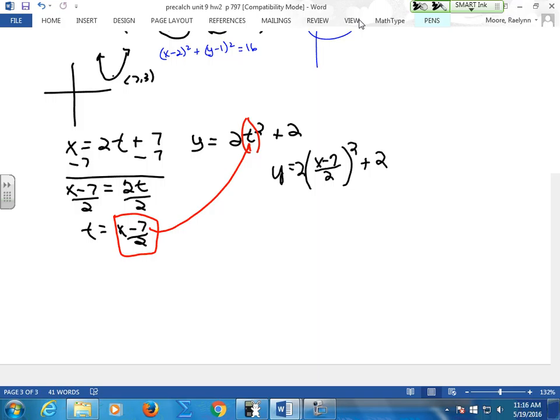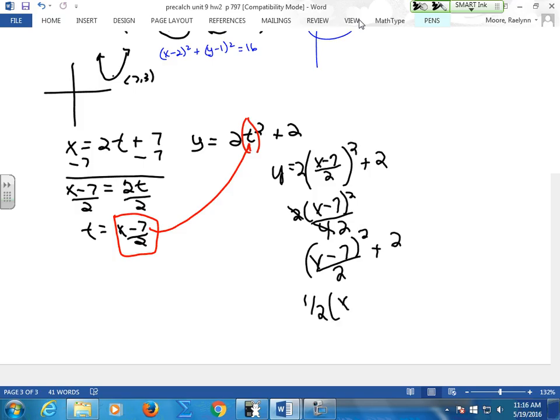Oh, so you did say we can't keep it like that, right? You can. If I want to resolve this, this is my (x minus 7) squared over 4 times 2. This is coming out. So I've got (x minus 7) squared. Hang on with me for 1 minute. So this almost looks like a vertex. Hang on. Let me pull out my 1/2.